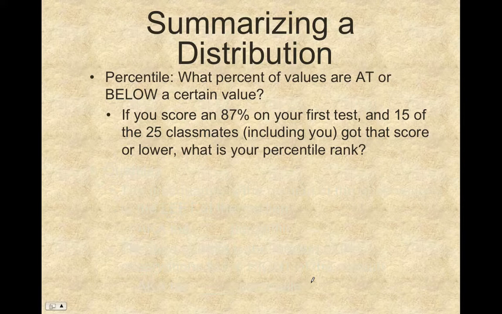The next thing I want to mention are percentiles. We'll talk about these more when we get to chapter 2. And I hinted at this yesterday, but a percentile gives me what percent of values are at or below a certain value. Percentiles come up big when you have a baby at home, because when you take the baby into the pediatrician and they get weighed and measured, they give you percentiles.